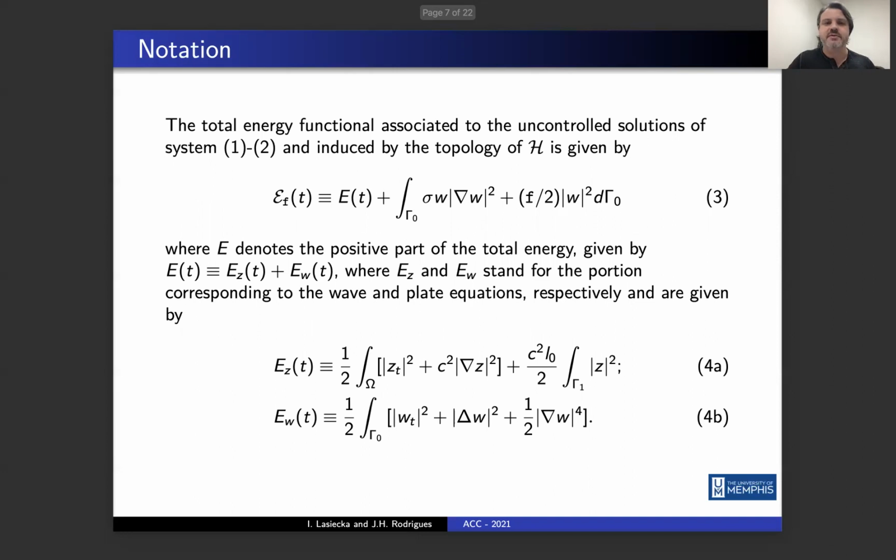Its expression is given by equation number 3, and the positive part of this functional, given by functional E, corresponds to the kinetic plus potential energy of both wave and plate equations, whose expressions are given by equations 4A and 4B respectively.